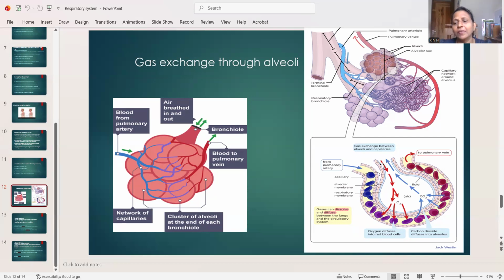Then oxygen from the alveoli diffuses to the branches of the pulmonary artery, and then they get oxygenated, and the carbon dioxide gas in the blood diffuses into the alveoli. Then these blood capillaries get together and form the pulmonary vein, and it moves to the left atrium of the heart.